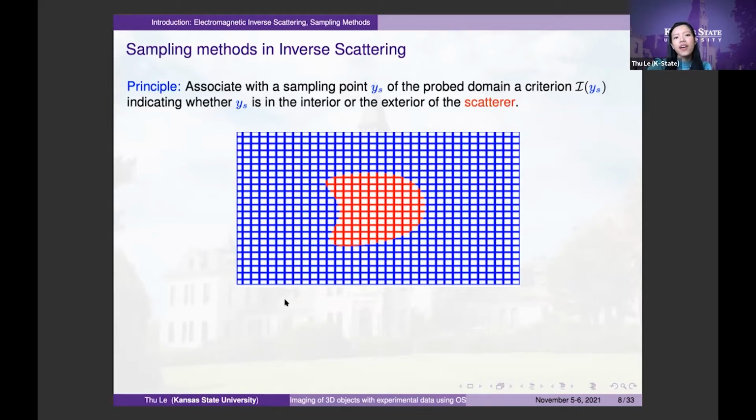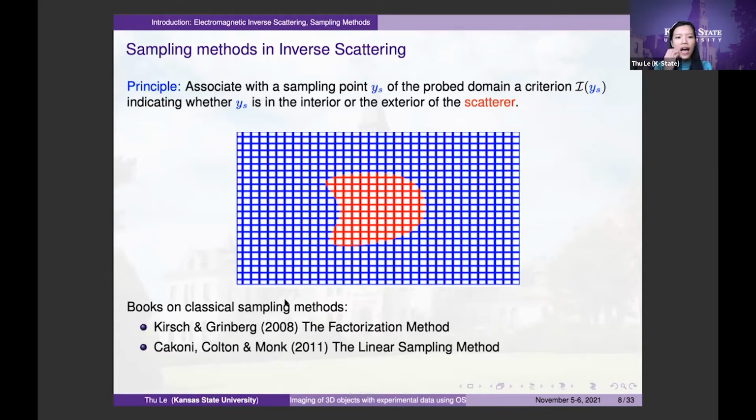This method has been studied in the past two decades, and I list here some books on classical sampling methods. In 2008, Kirsch and Grinberg published the book on the factorization method. In 2011, Cakoni, Colton, and Monk published the book on the linear sampling method.